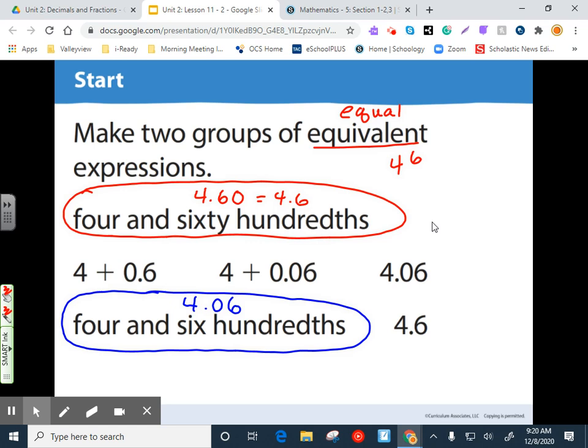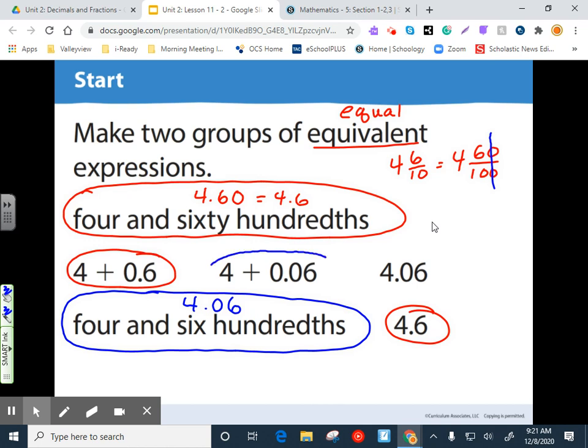4 and 6 tenths is equal to 4 and 60 hundredths. Because if we just reduce that 60 hundredths, that becomes that. So we're looking for anything that's equal to that. So I'm looking at this one right here, and I'm looking at this guy right there. 4 and 6 hundredths looks like this, 4.06.